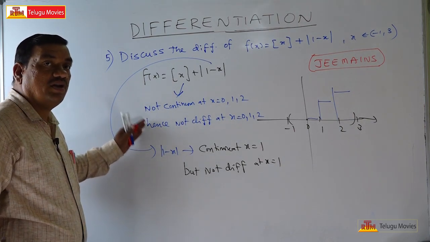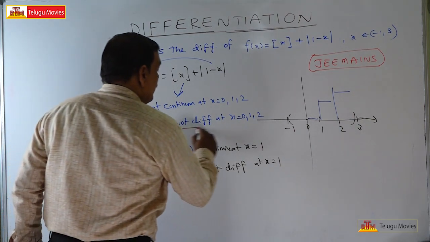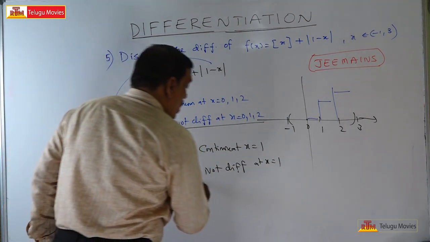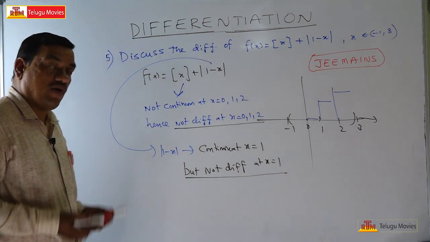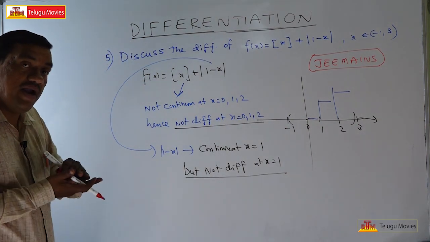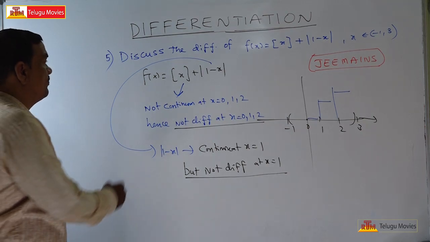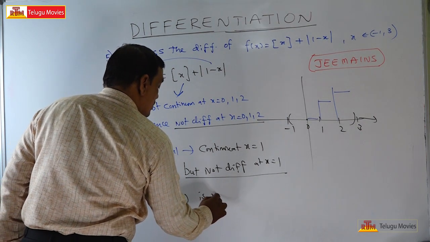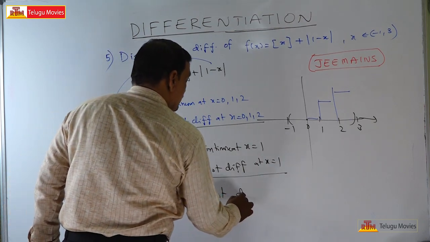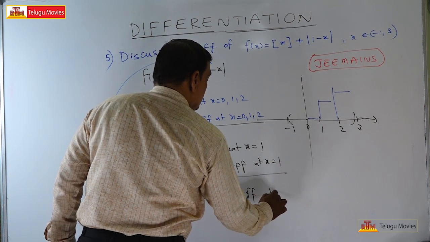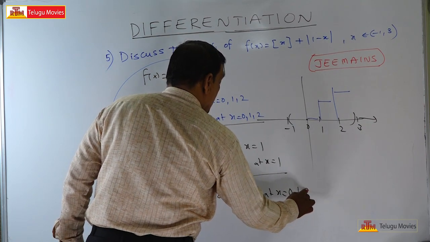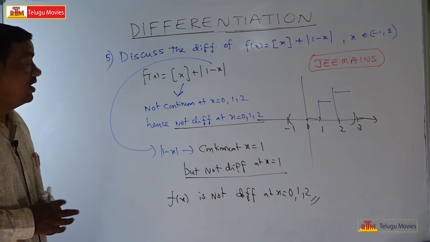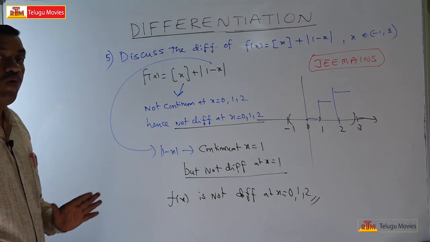If you observe the combination, the first function is not differentiable at x = 0, 1, 2 and the second is not differentiable at x = 1. So if you combine both, the function f(x) is not differentiable at x = 0, 1, 2.